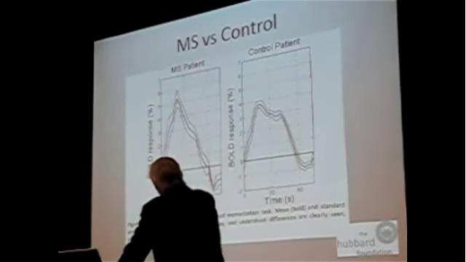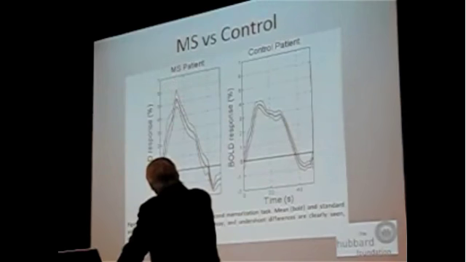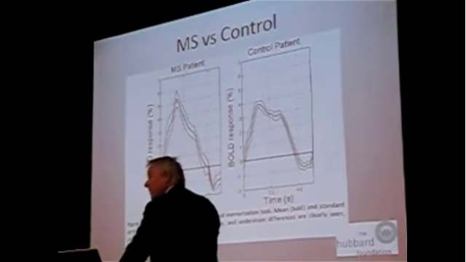With the MS patient, you see a significantly greater peak, and then it drops down almost twice as far. So the normal is -1, the patients are -2, and what we discovered is it also goes out further. So I'm going to show you that in the next slide. The venous undershoot is twice as deep, and it's also much longer.